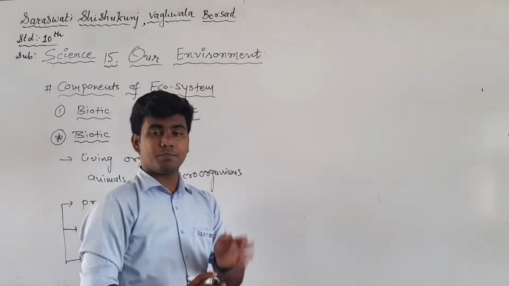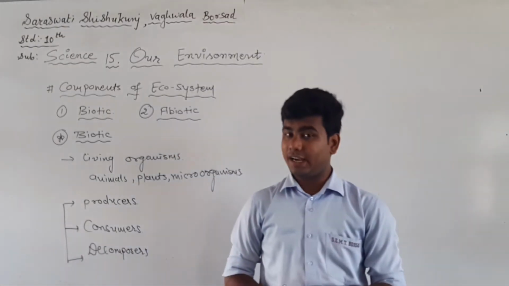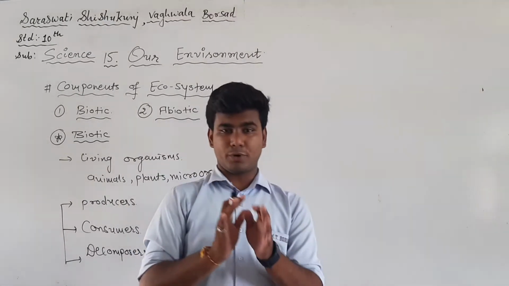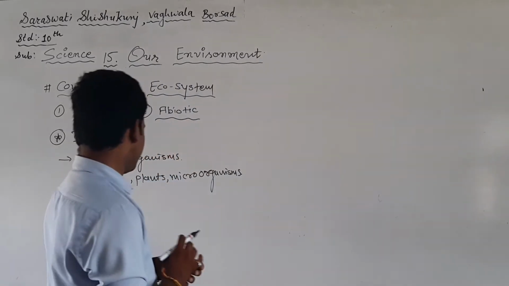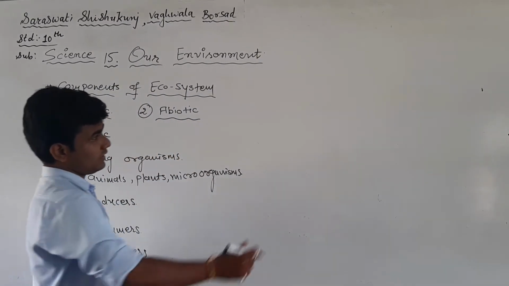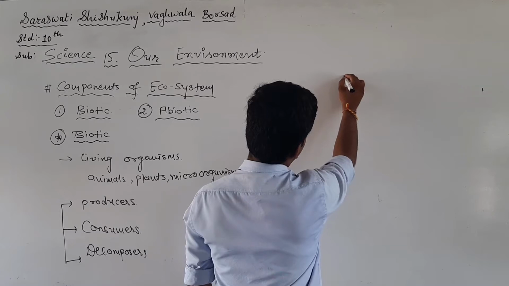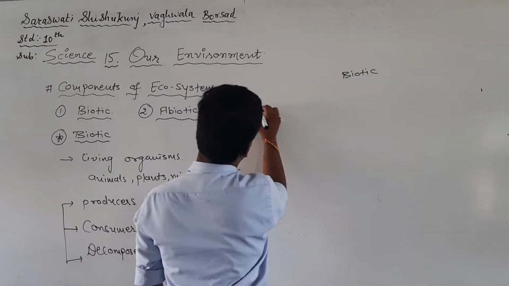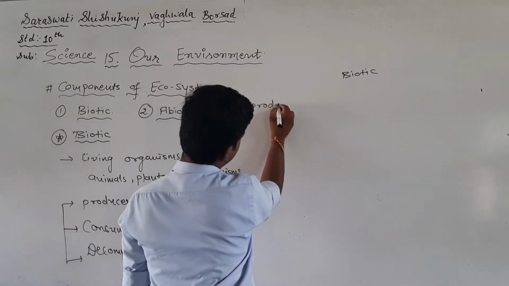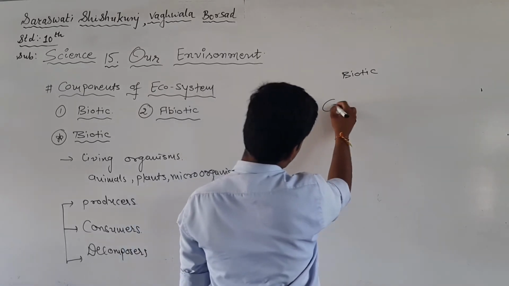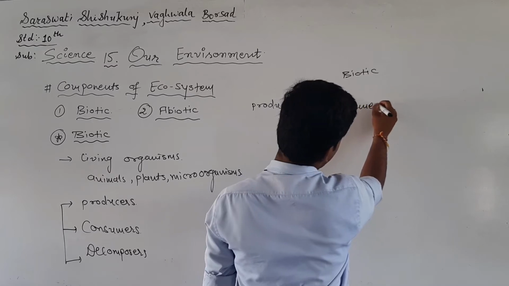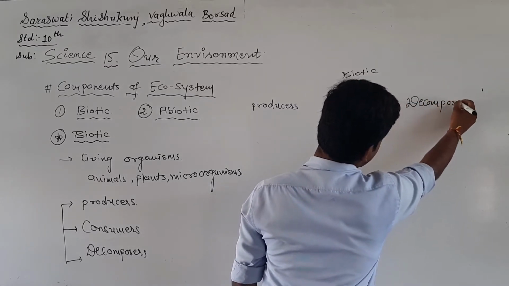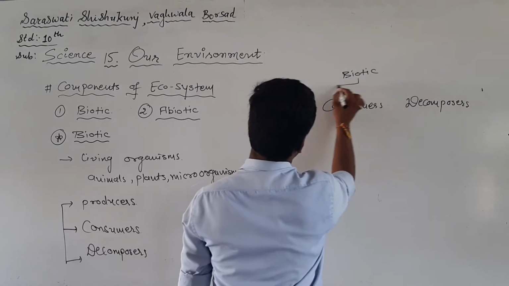Now what will come in producers, consumers and decomposers? Let's understand it in detail. What will be producers, what will be consumers and what will be decomposers, right? So let's try to understand.